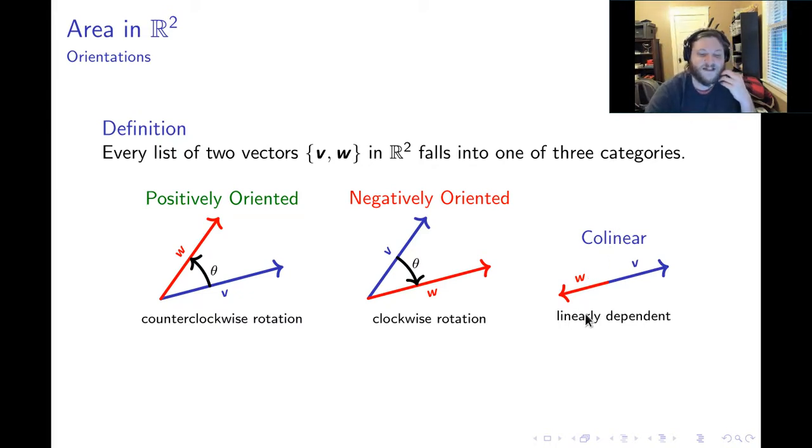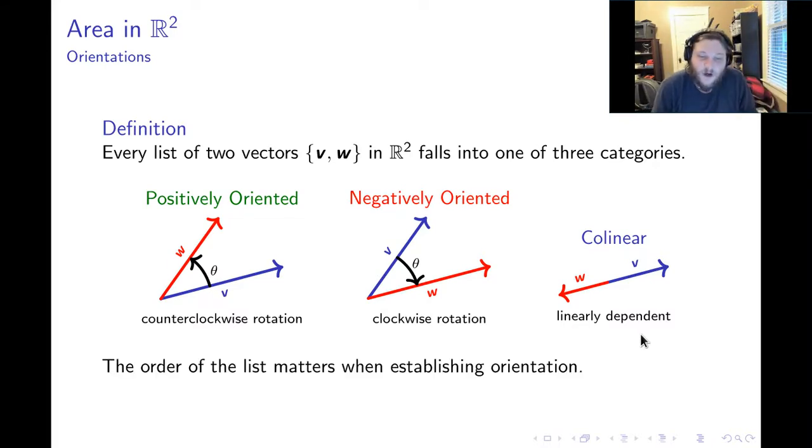And this is exactly the case in 2 dimensions when the 2 vectors are linearly dependent. So any 2 vectors in R2 are either positively oriented, which means counterclockwise rotation from the first vector to the second vector, negatively oriented, which means clockwise rotation from the first vector to the second vector, or collinear, which means linearly dependent. It's important to note here that the order of the list is crucial in establishing orientation.